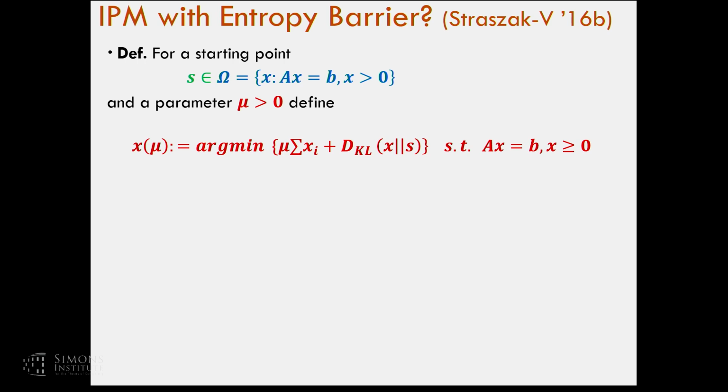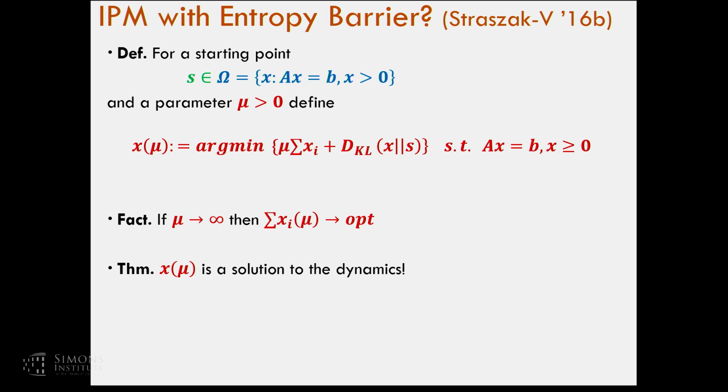So this was your cost function, and this is kind of like a regularizer. And as mu goes to infinity, the effect of the regularization gets lesser and lesser. Okay? And so a simple fact here is that if I let mu go to infinity, then the solution to this program tends to the optimal solution.